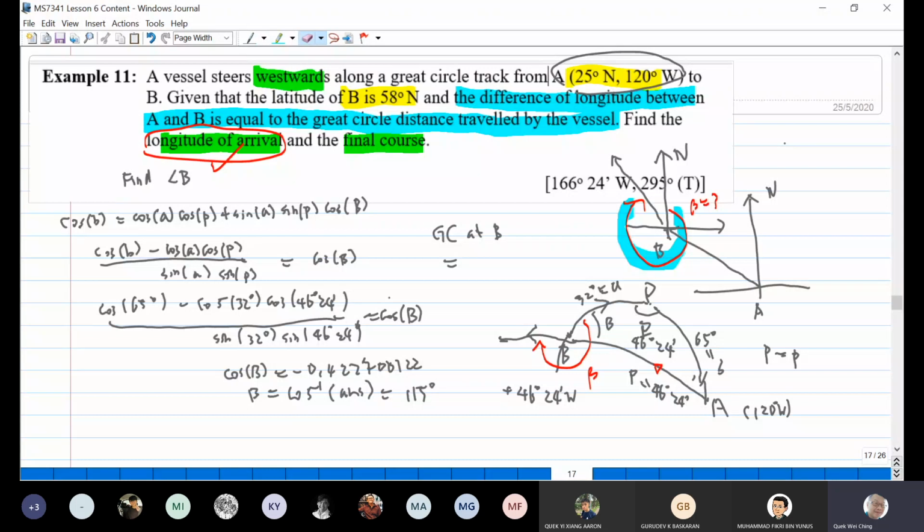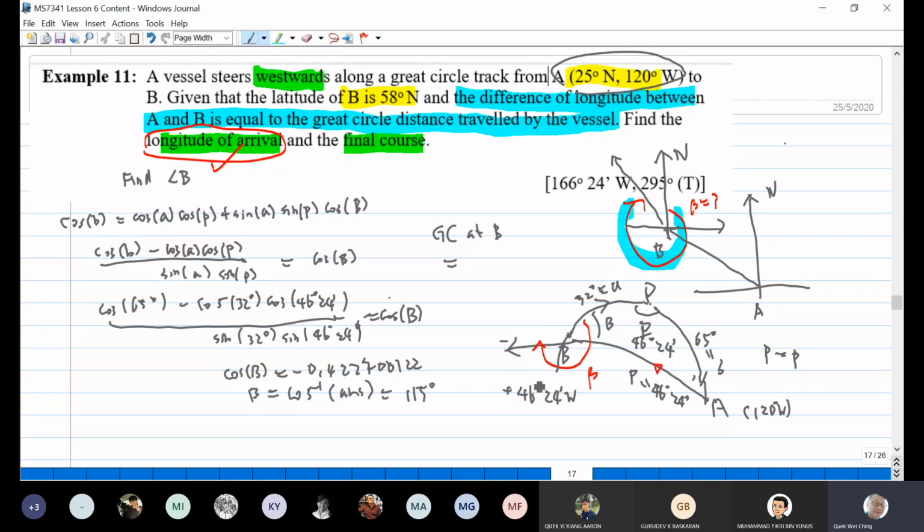A great circle is like a straight line. If you draw it like this, just follow the direction. Basically, anything moving along a great circle behaves like a straight line.